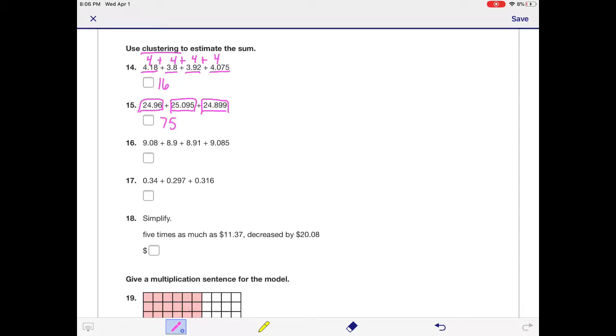All right, let's go down to the next one. You've got these numbers right here. You can see they're all clustered around the number 9. And you've got 1, 2, 3, 4 groups of about 9. 4 times 9 is going to equal 36. All right, so that should help you do some clustering.